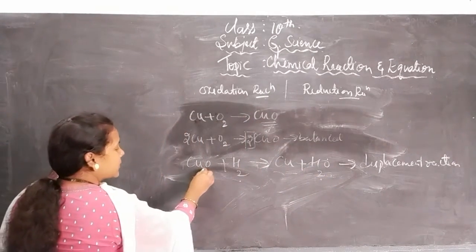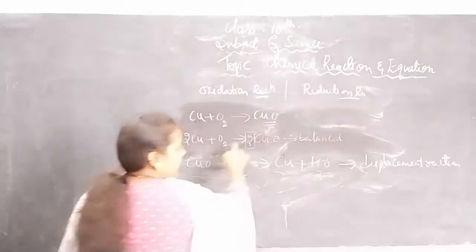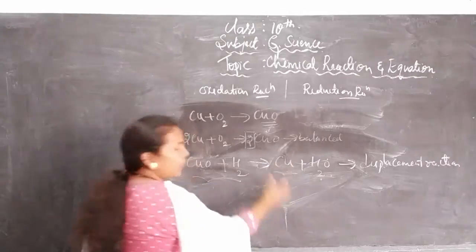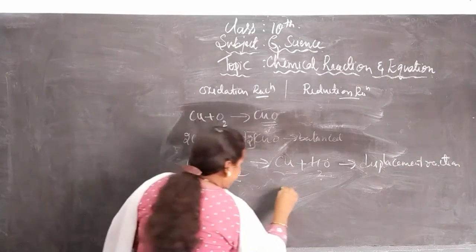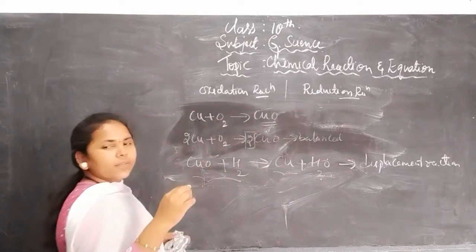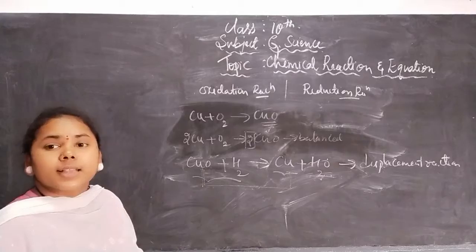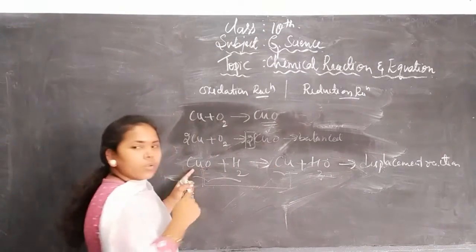Here copper was combined with oxygen, and in the product the oxygen gets removed. Understand? Hence you have to mark where oxidation takes place and where reduction takes place. Here you can see removal of oxygen takes place.